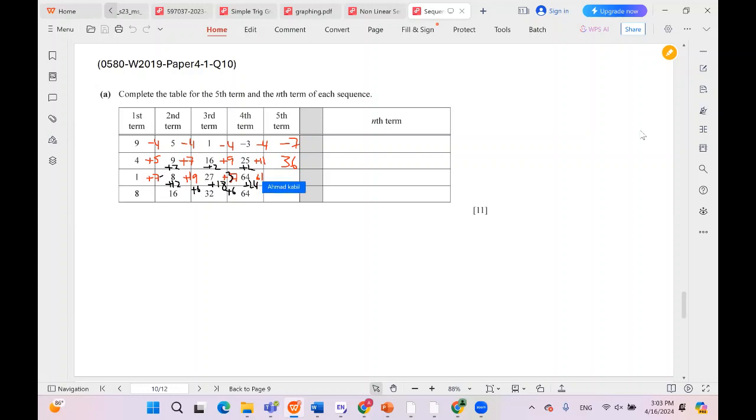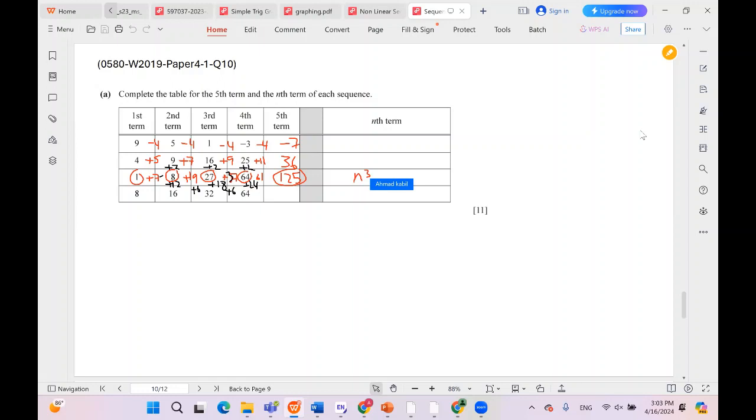And this gives us 125. So this actually works out as a cubic sequence because 1 is 1 power 3, this is 2 power 3, this is 3 power 3, 4 power 3, and this is also 5 power 3. It's easier in this particular case to just do it mentally and to write the expression here as n power 3. It's just easier this way.